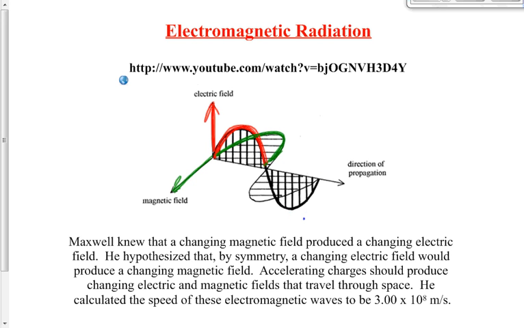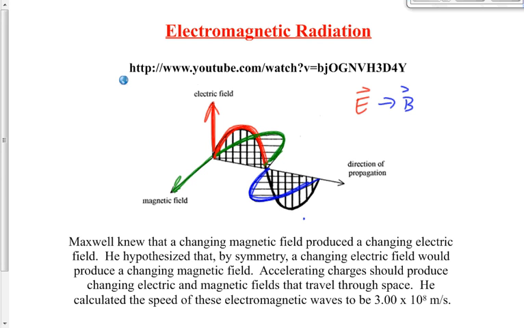This red electric field will generate this blue magnetic field. So red causes blue. This electric field causes this magnetic field. That doesn't happen if that electric field wasn't changing. If it was constant, you still got the electric field there, but it's not going to make the new magnetic field.